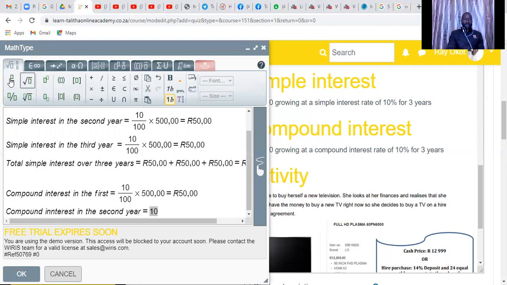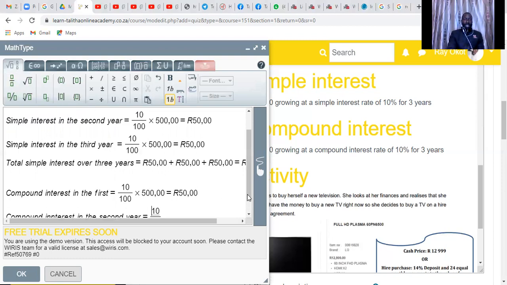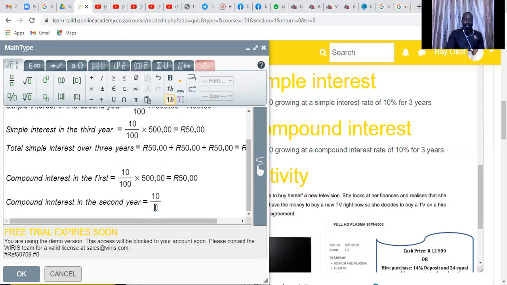Then 10% of the new amount of money. And what is it this time? Well, it is 500.